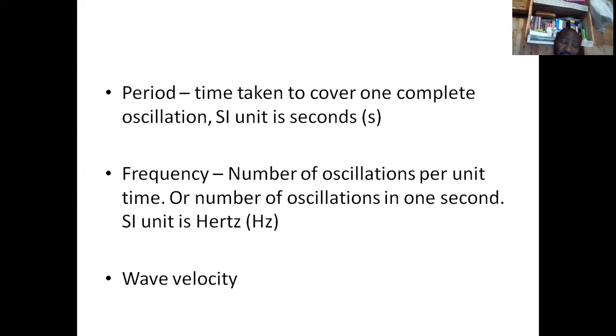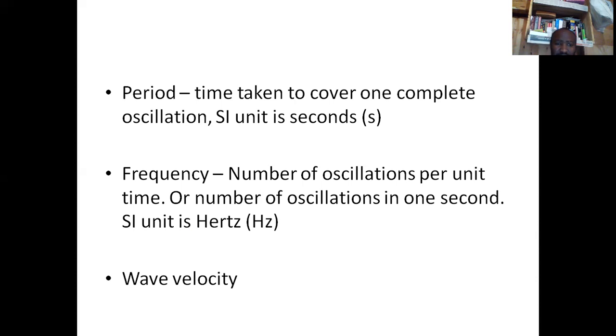So basically, you use the simple formula that velocity or speed is distance over time, and the distance here is the wavelength, and time is the period. So it is the wavelength, or lambda, over period.